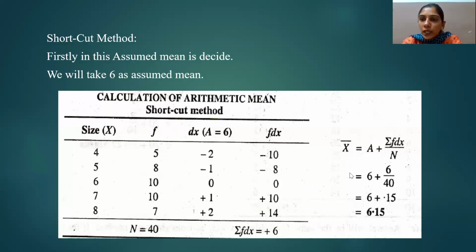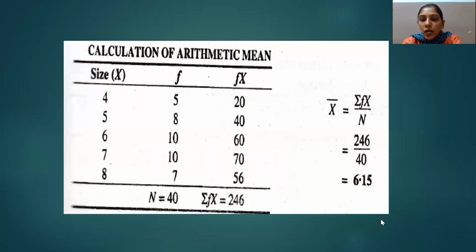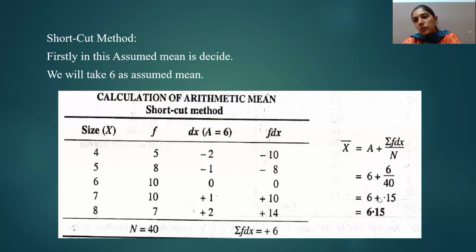So now we will do the calculation, and the mean we got is 6.15. So the answer we got from applying both methods is the same. By the direct method and by the shortcut method, the answer is the same, 6.15.